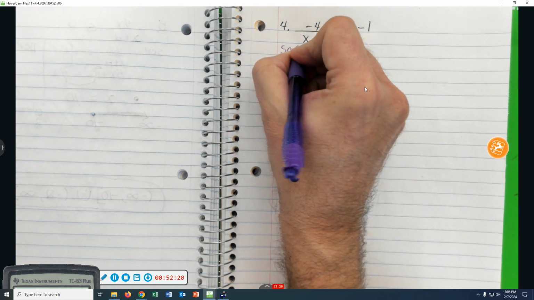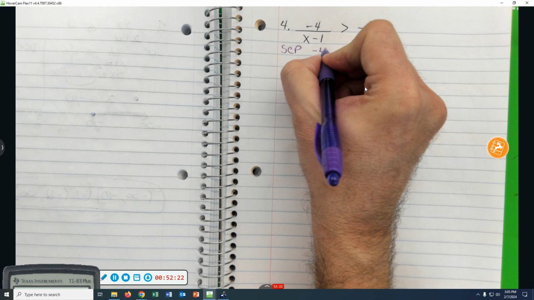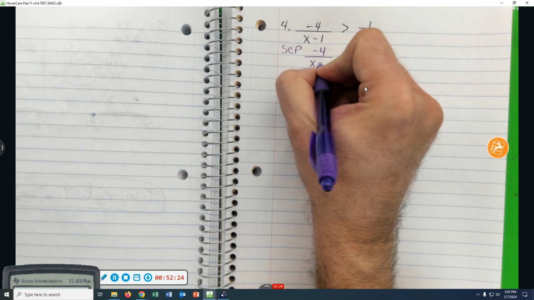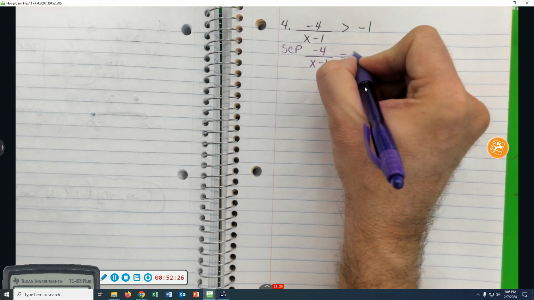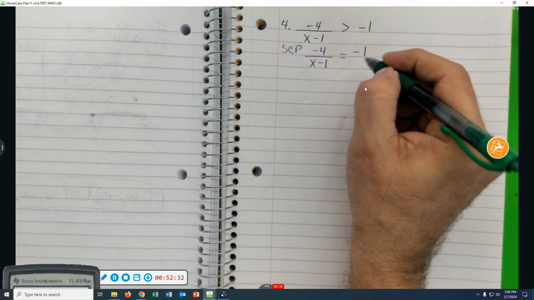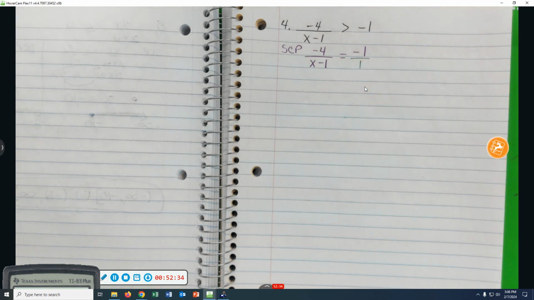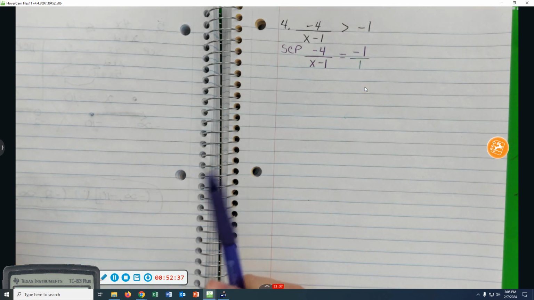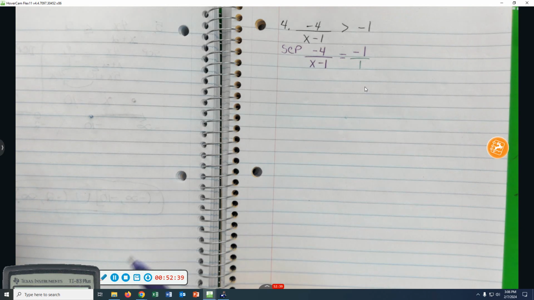Solution. So I have negative 4 over x minus 1 equals negative 1. I'm going to go ahead and write that negative 1 as negative 1 over 1 and cross multiply.